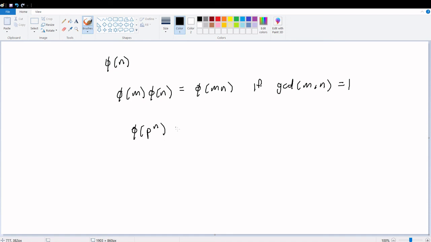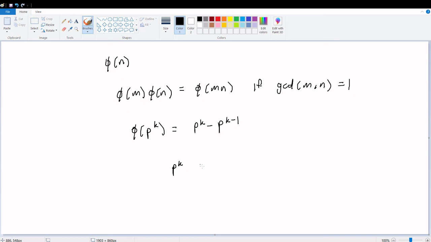Phi of p to the k, since I've already used n, is going to be equal to p to the k minus p to the k minus 1. And the reason for this is just a simple counting problem. First of all, there are p to the k different positive integers that are less than or equal to p to the k.